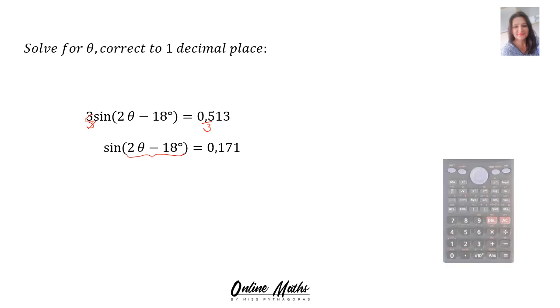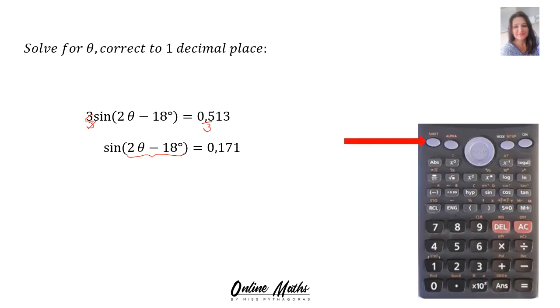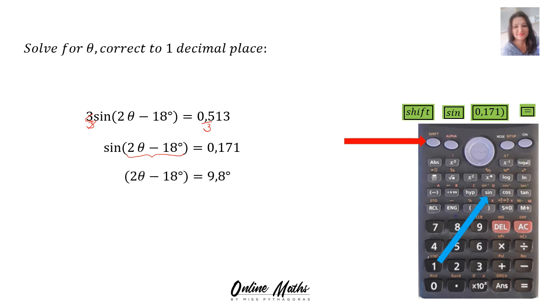So you will say shift sin 0,171 close bracket equals, and then on the left hand side you're left with 2 theta minus 18 degrees equals 9,8 degrees.